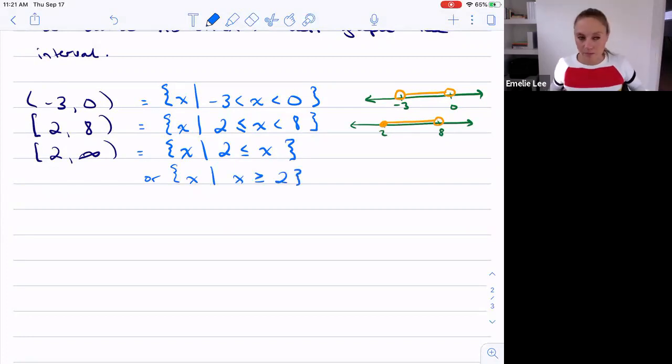It doesn't matter, as long as the inequality is facing the x the right way. But I do like how similar these look, and so that's why I would just stick with this notation. But for reading, this one reads much nicer.